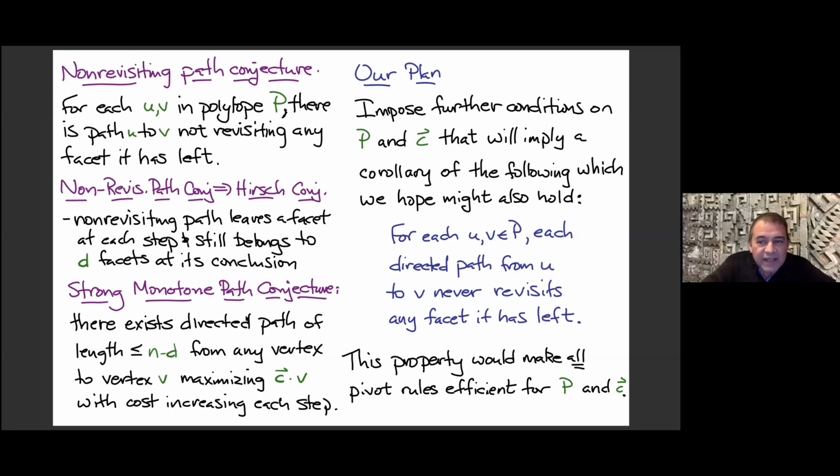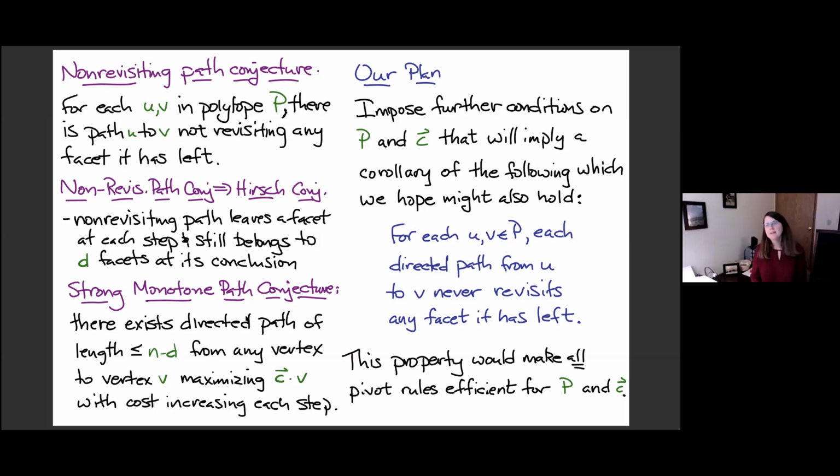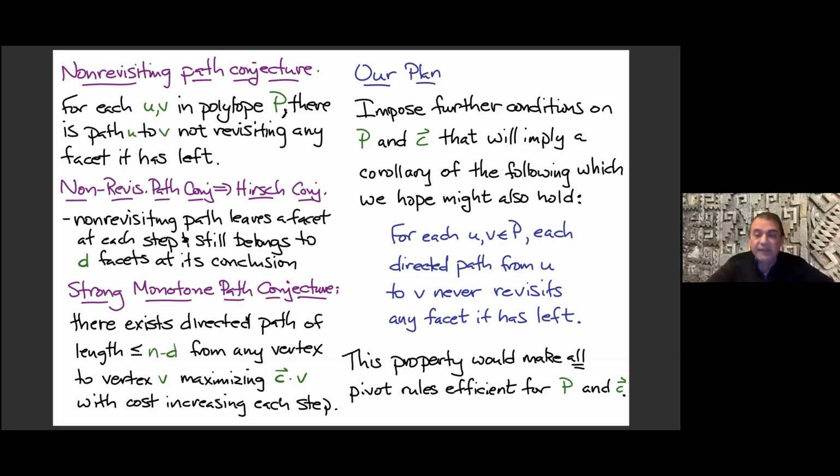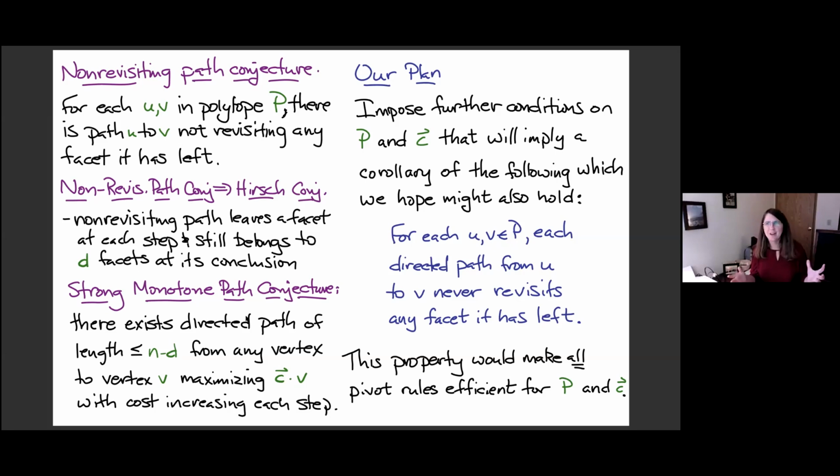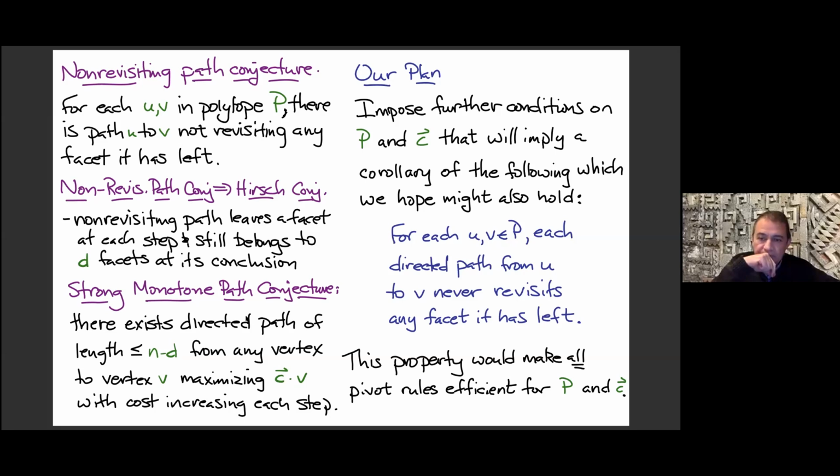My comment is that in some sense, the directed version of the Hersh conjecture was known to be false way before Paco Santos found the counterexample for the undirected version, right? Okay, that's great. But there's still the question of whether you can give nice classes of polytopes. Right, and I'm actually looking for the stronger thing, that no matter which choices you make, it goes well, that you never revisit a facet you've left.